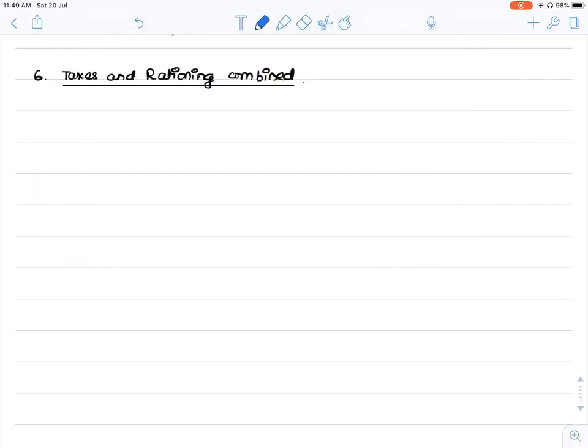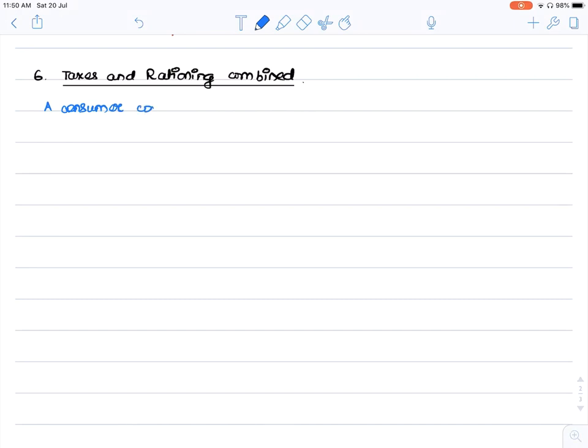So let us say there is a consumer who is consuming good 1, and the price of good 1 is, let's say, P1, and you can pay P1 till x1 bar, but beyond x1 bar you will have to pay taxes.